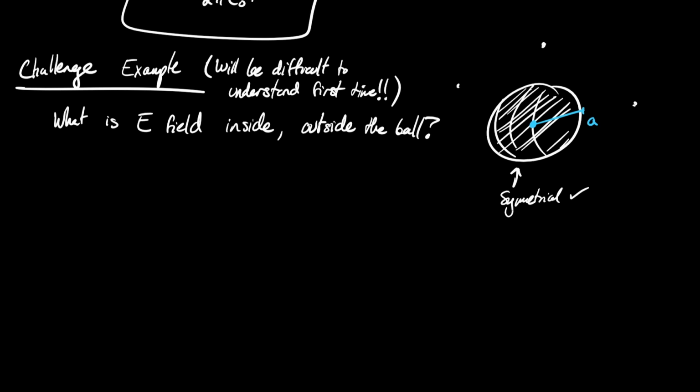This looks almost exactly like a perfect point charge, and there would be no reason for it to point this way because the charges here and here sort of cancel each other out. So we know that the electric field, roughly speaking, is going to point radially outwards, almost identical to a point charge case.